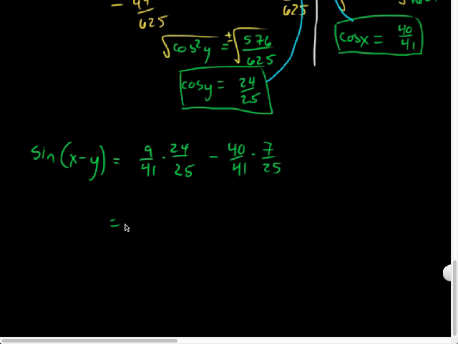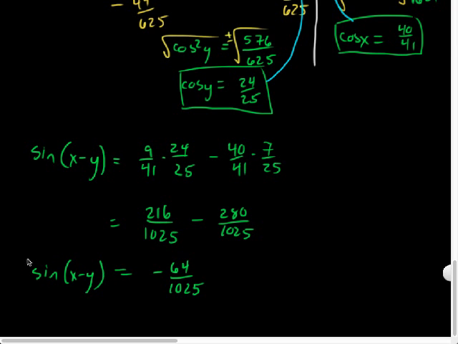Equals, let's see, 9 times 24 is 216 over 41 times 25, 1025. Interesting, interesting. Minus, what's that, 280? Interesting, 1025. This is going to be negative. 216 minus 280. It's negative 64 over 1025.